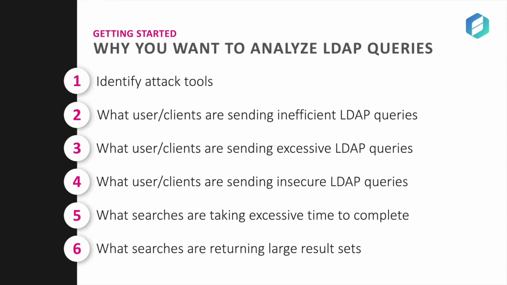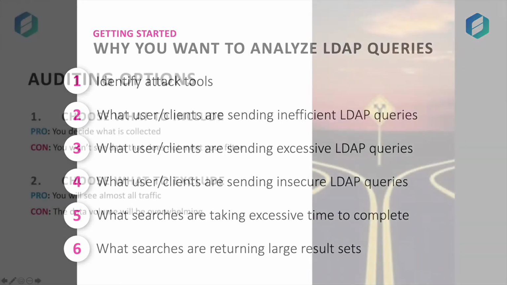Identify searches that are just taking a very long time to complete, or more importantly, that might be timing out based upon how you have your environment configured, or searches that are just returning back almost every single object in your environment, so very large result sets. So those are the most common reasons why customers usually want to do some analysis of LDAP activity.